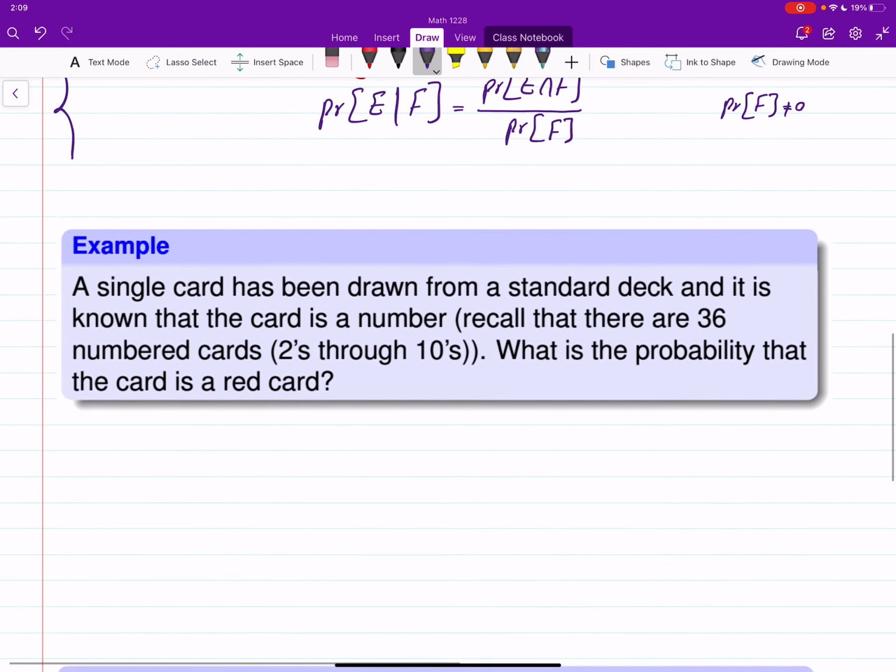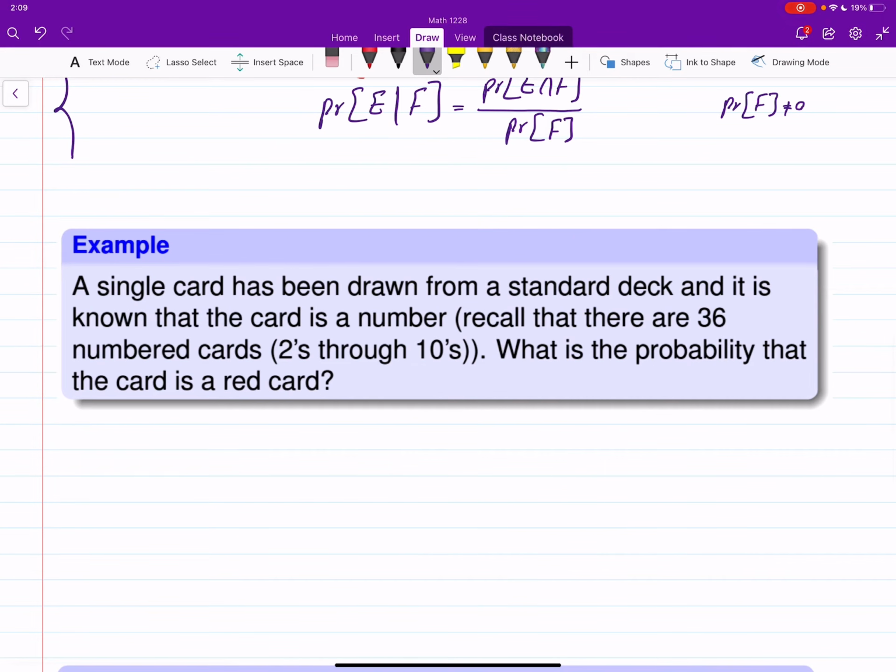Let's do some examples and see how this works. A single card is drawn from a standard deck, and it is known that the card is a number. So here something is known, so let me write it as F. The card is a number. Now we are looking for the probability that the card is red.